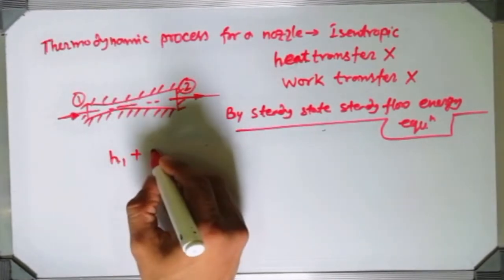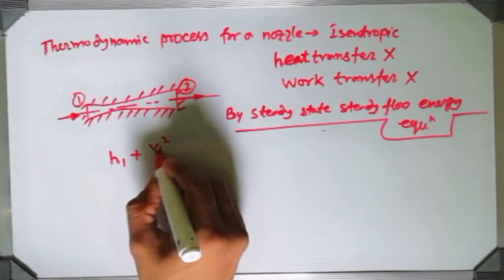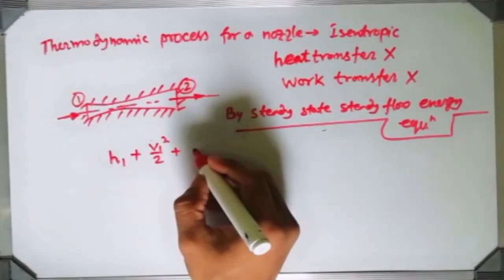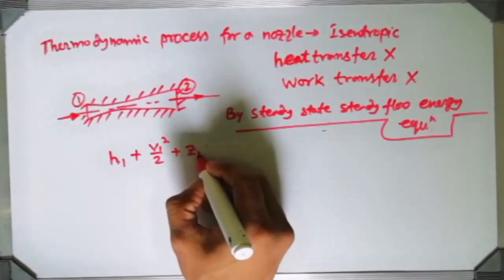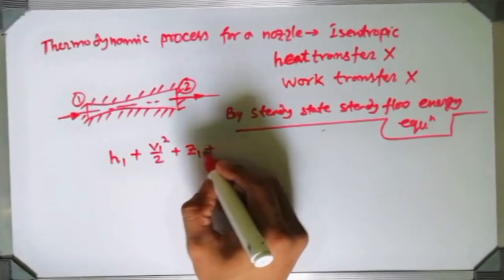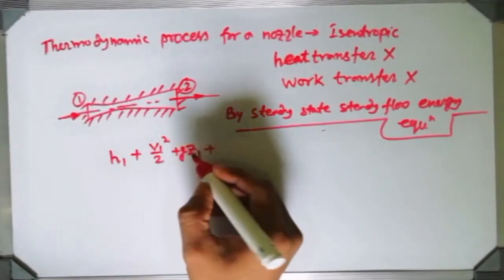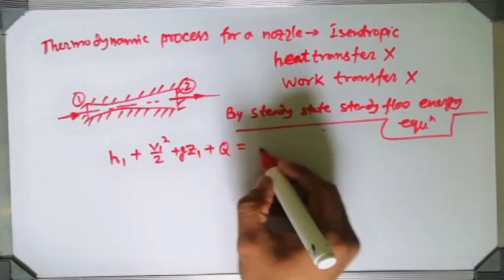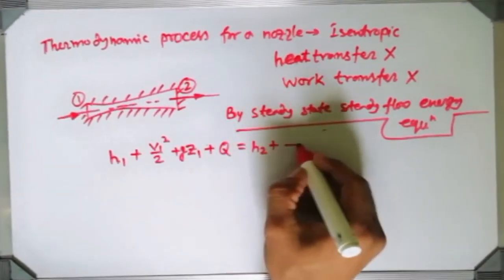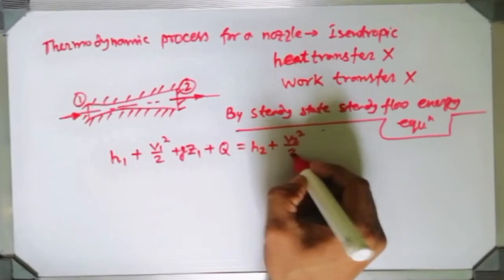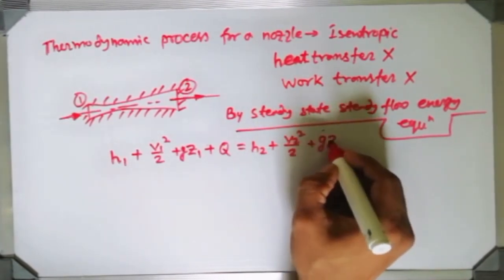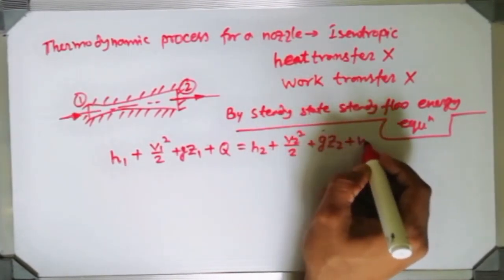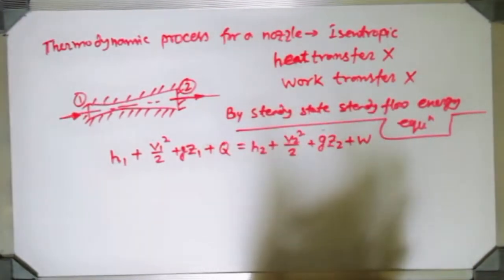How does it look? H1 plus V1 square by 2 plus Z1, plus Q equals H2 plus V2 square by 2 plus Z2 plus W. Nothing to fear about it.